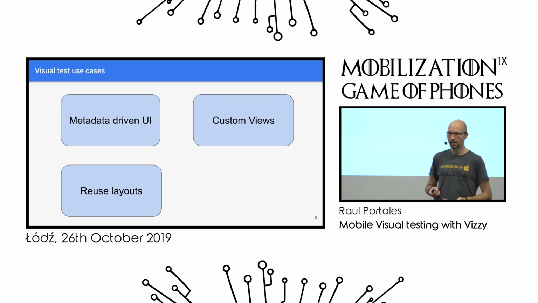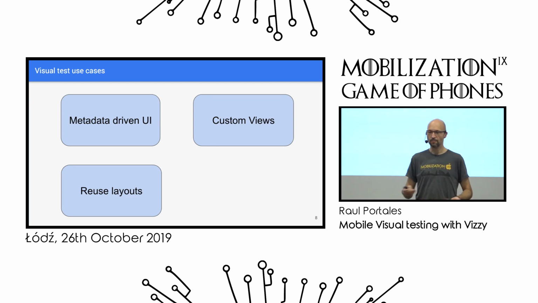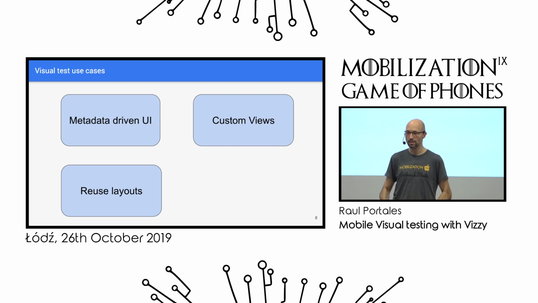Maybe you're reusing layouts, because including a layout into another layout is a very common pattern that we use a lot in Android. And sometimes you don't remember where a layout is being included. So when you change this particular one, you want to highlight where everybody else was using it and how all these screens look now.